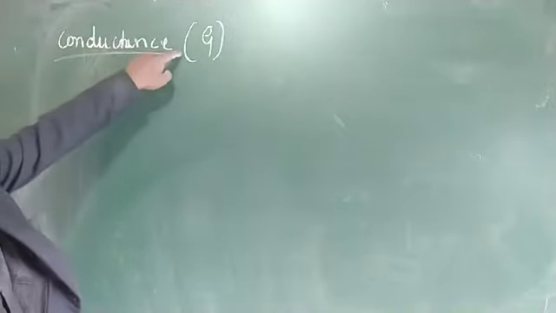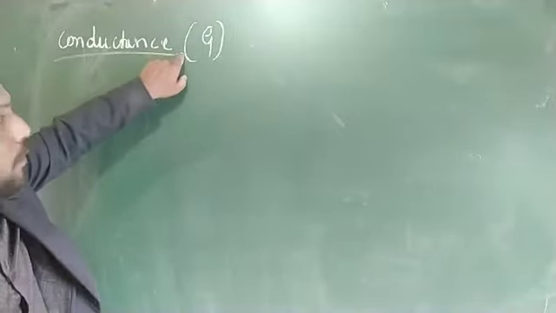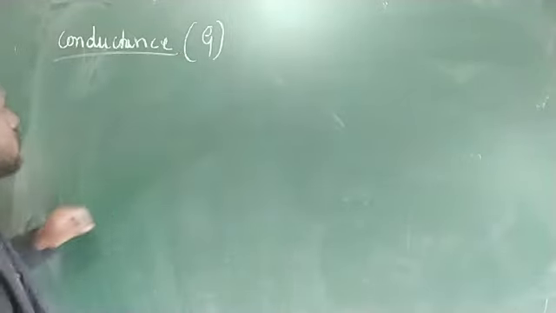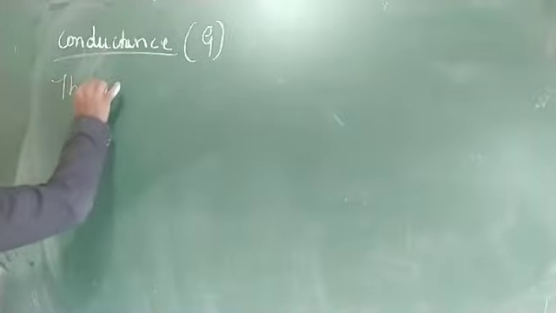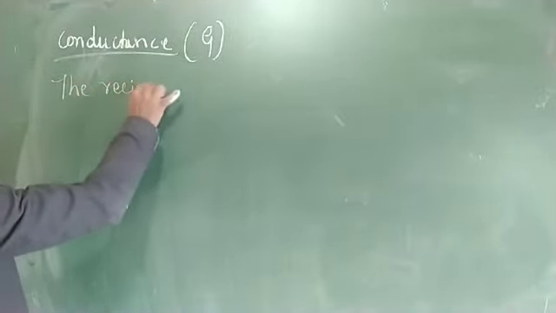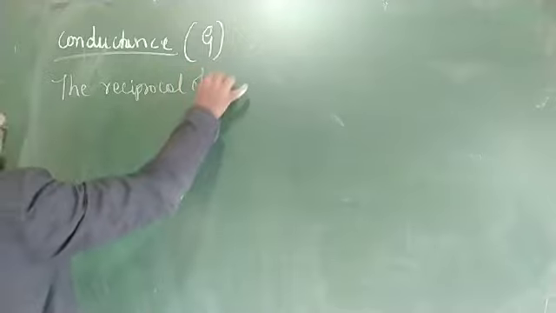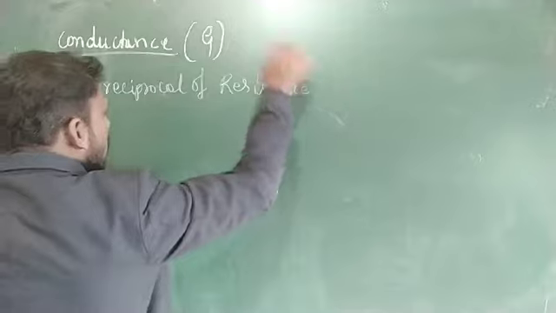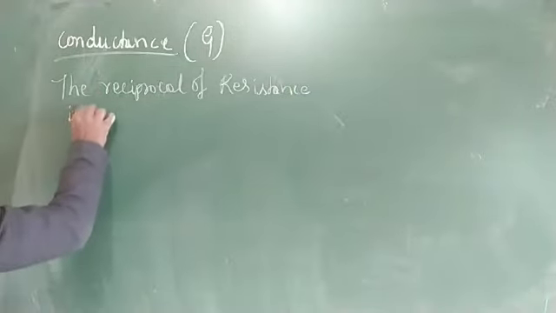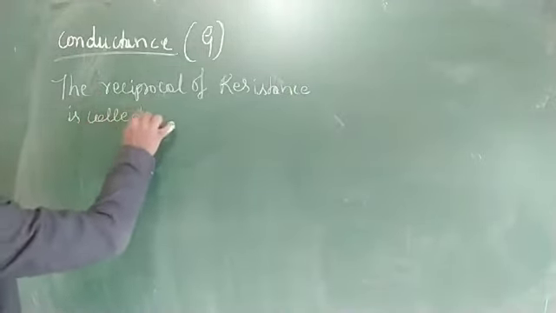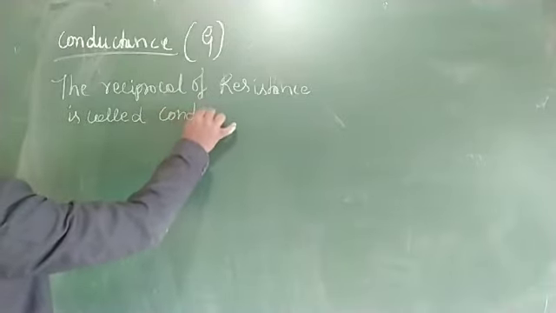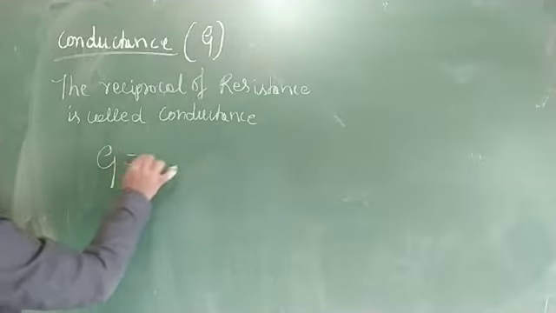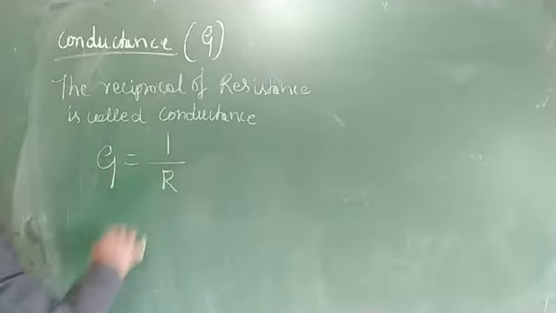Therefore, conductance of the conductor is defined as the reciprocal of resistance. G is equal to 1 divided by R.